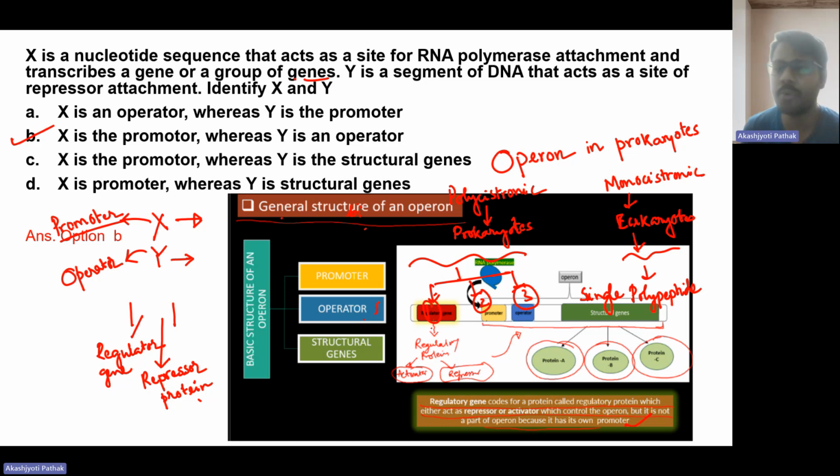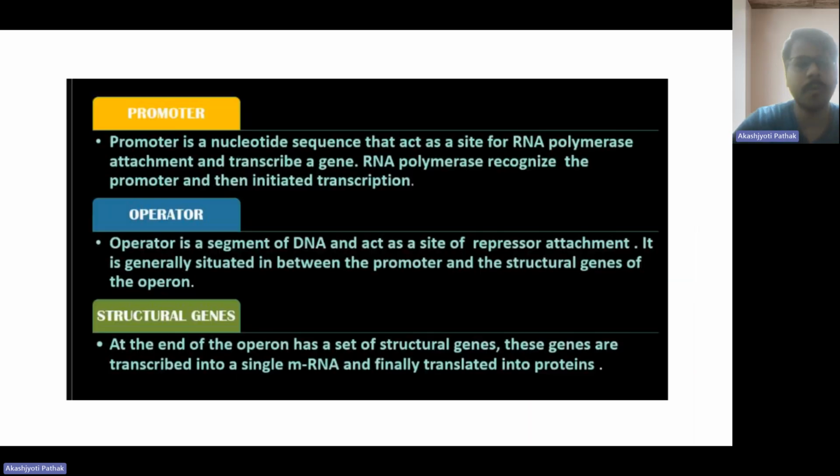By the very definition of an operon, all the genes which are controlled by a single promoter constitute an operon, and because this regulatory gene has its own promoter, it is not part of the operon. So the promoter is a nucleotide sequence that acts as a site for RNA polymerase attachment and transcription of the gene.